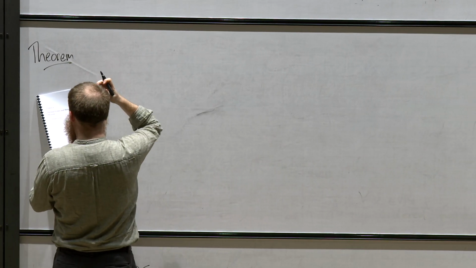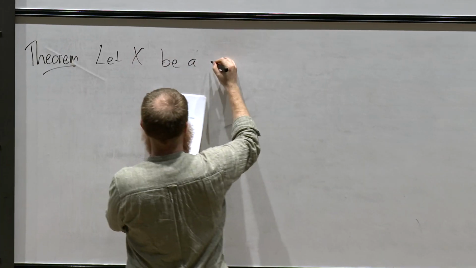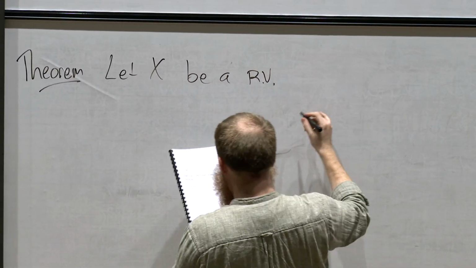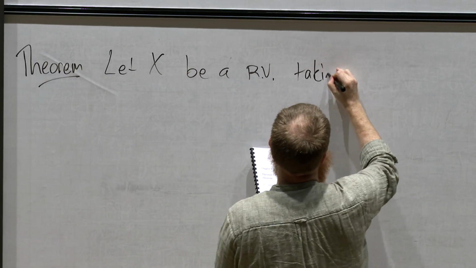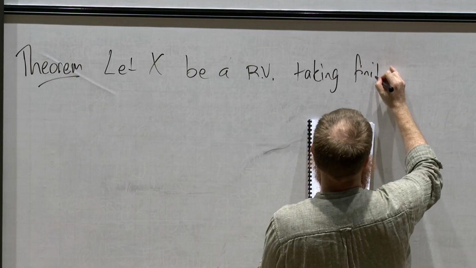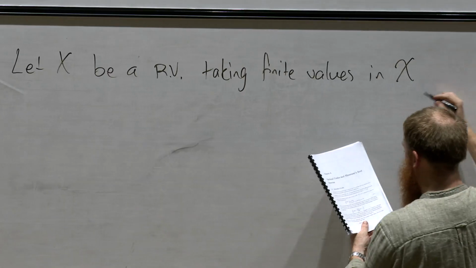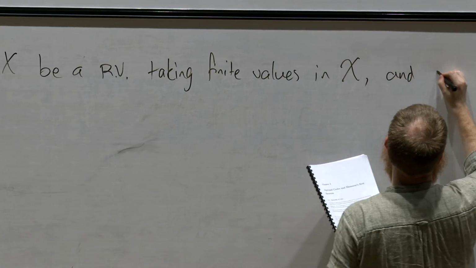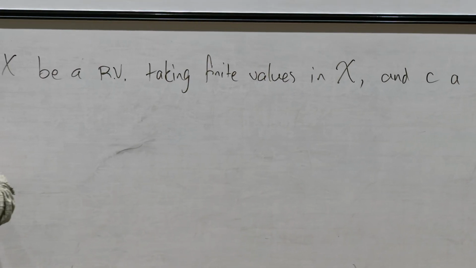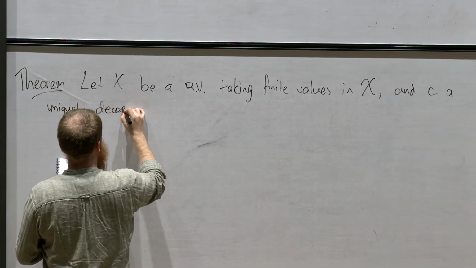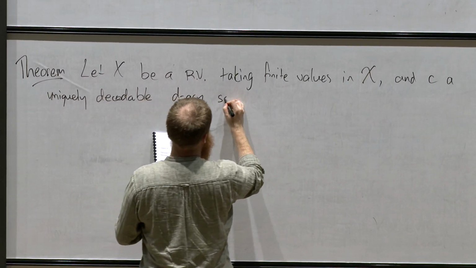Okay, and this is the source coding theorem. Let X be a random variable taking finite values in a set X, and C a uniquely decodable D-ary source code.